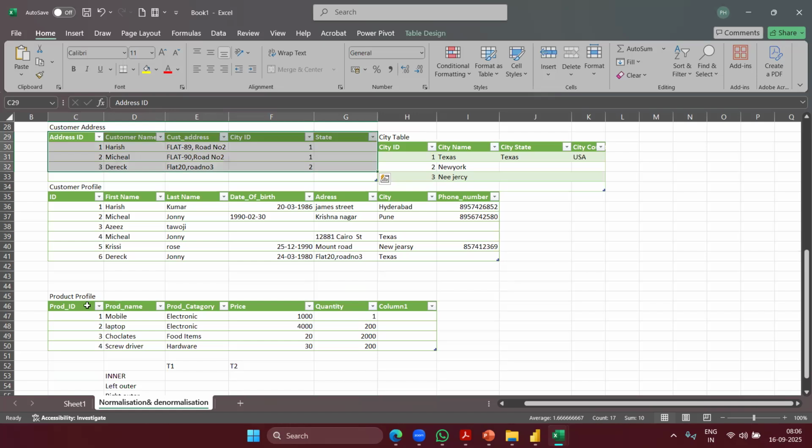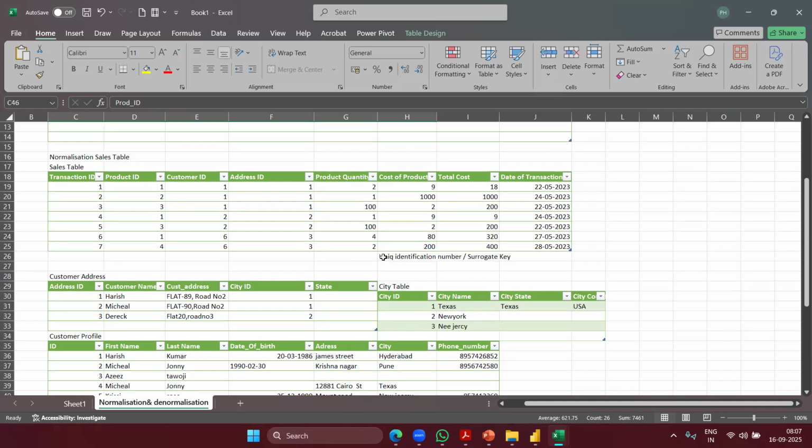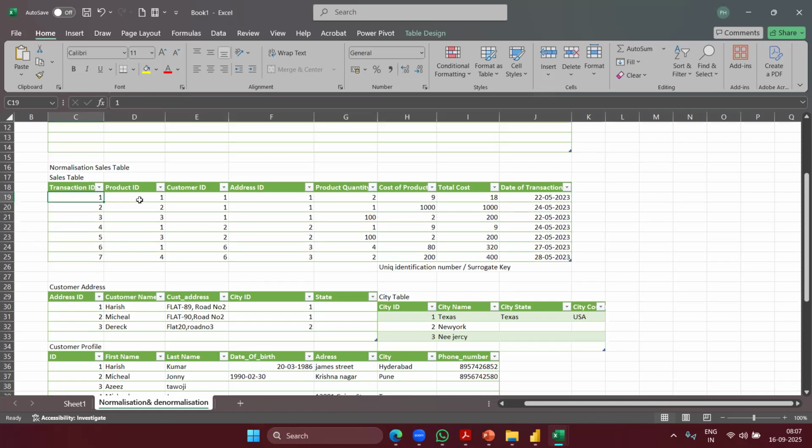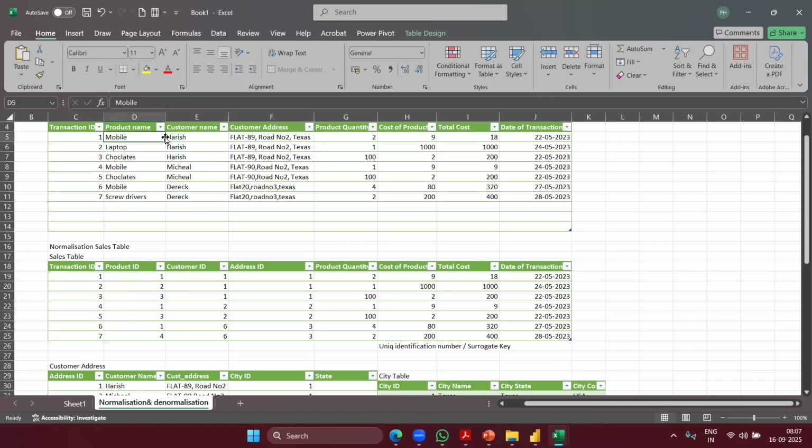We would have a products table that stores all the product information. And whenever a new sale happens, instead of writing this entire information, we simply refer to the unique IDs that we provided to those products and customers.